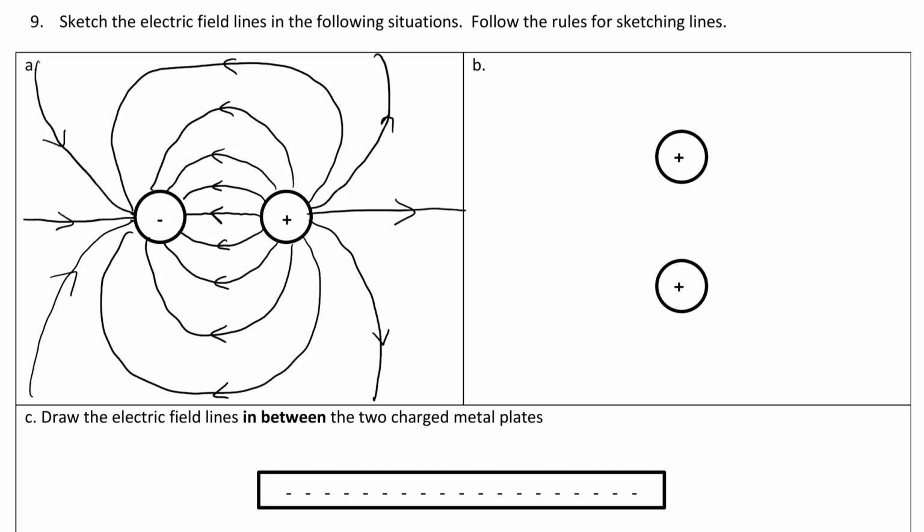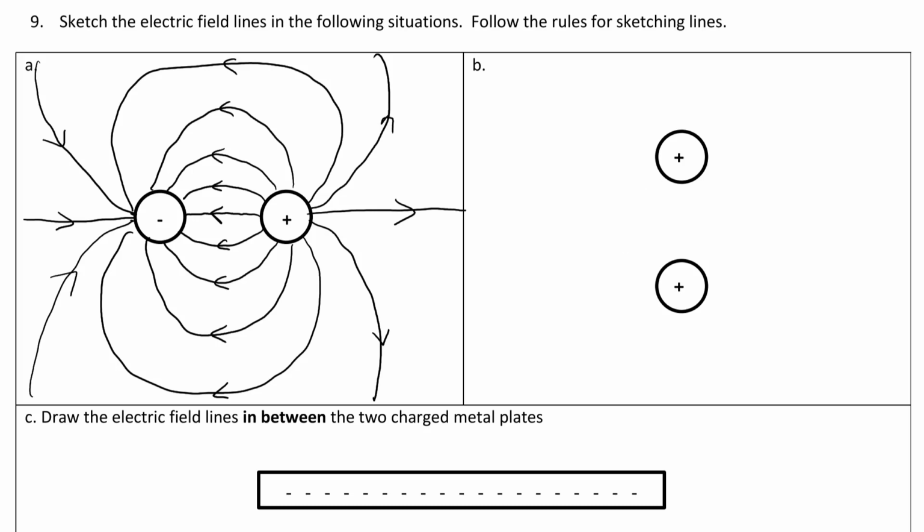Okay, for B, it's showing a positive and a positive, so it's not going to be attractive, it's going to repel away. So if I put a positive test charge over here, not only is it going to be pushed away this way, this guy is also pushing away. And when you combine all these vectors together, you get something curvy like that. So let's draw these field lines here. This one goes like that. That one goes like that. I kind of got overzealous.